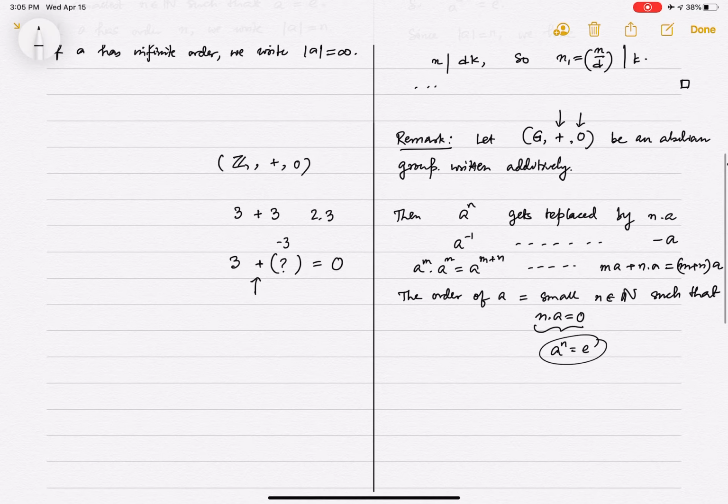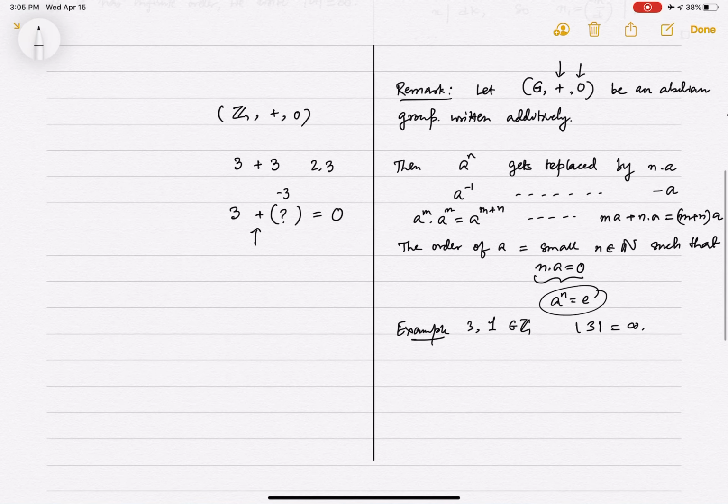So for example, if you take 1 in Z or 3 in Z, this has order infinity. Because if you keep on adding 3 to itself, it never comes back to 0, which is the identity.